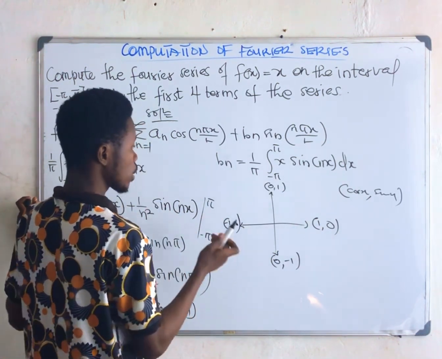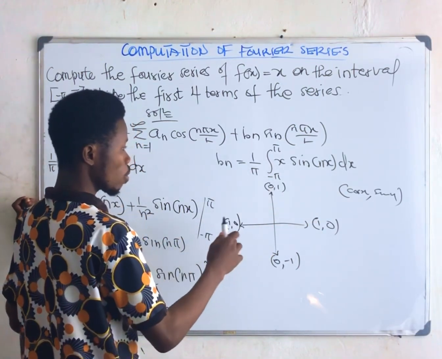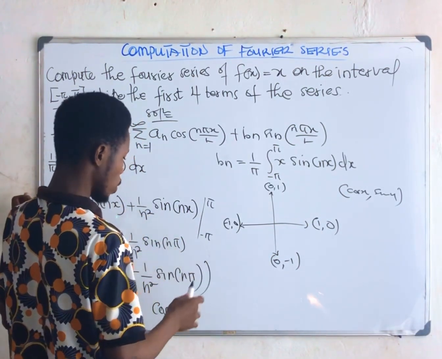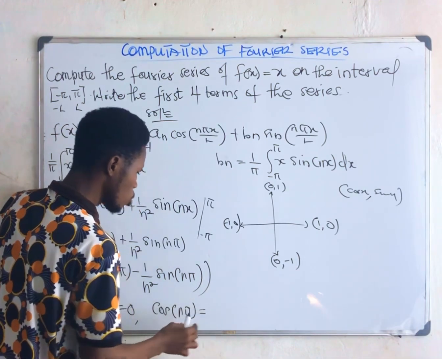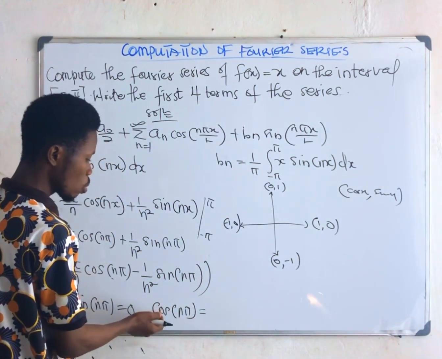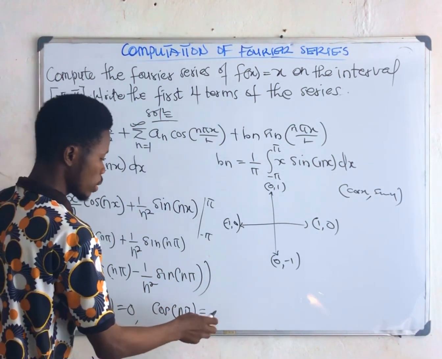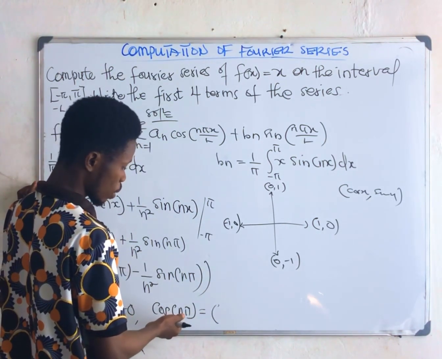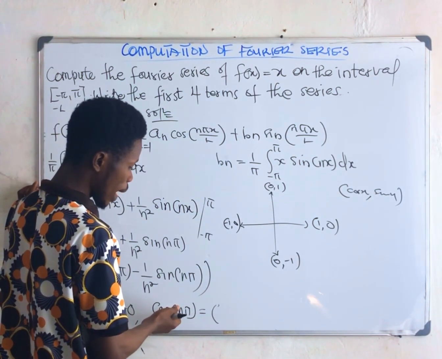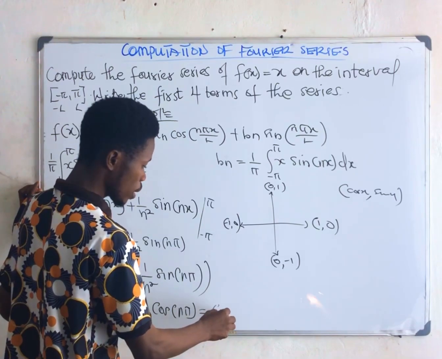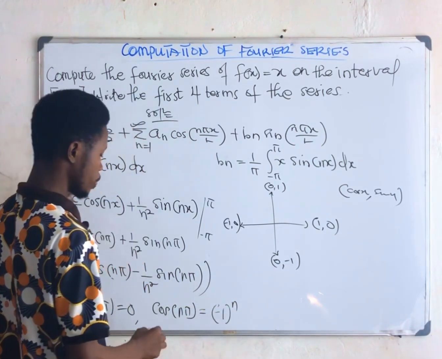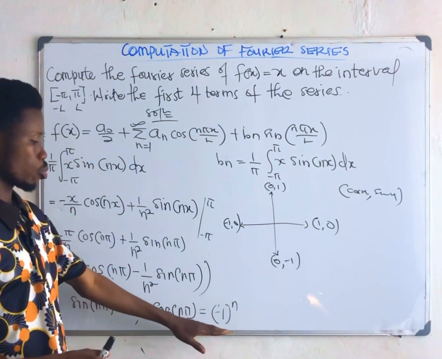So what I'm saying is that for cos, it rotates. It's either 1 or negative 1. So for you to be able to cater for that, wherever you see cos n pi, I will write it as negative 1 to the power n. This is what I want you to know.